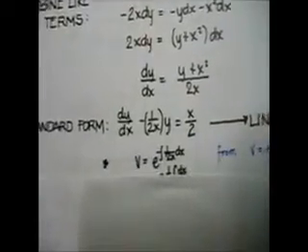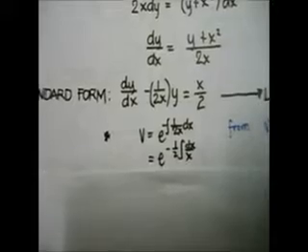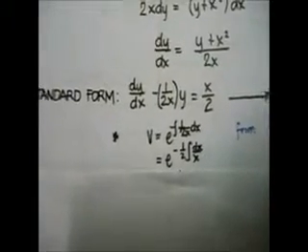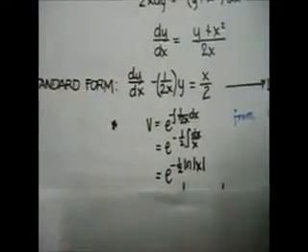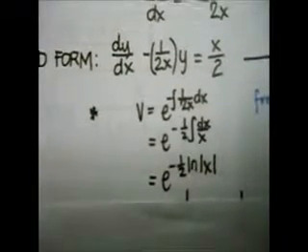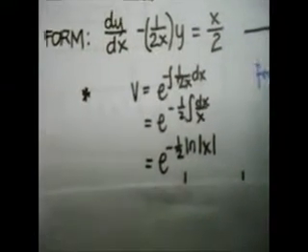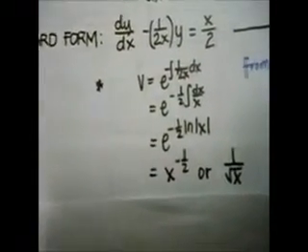So solving, we have the constant out of the integral, and we have e to the negative 1/2 ln of x.